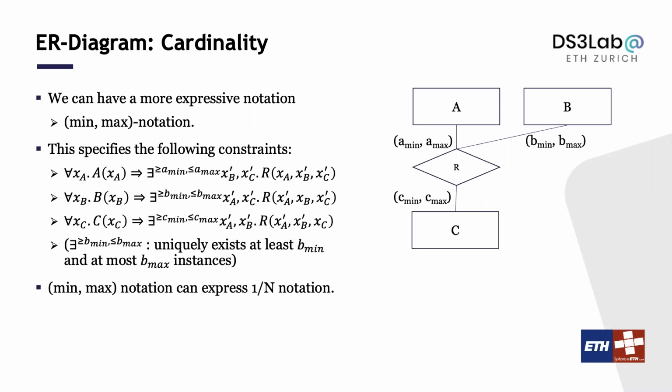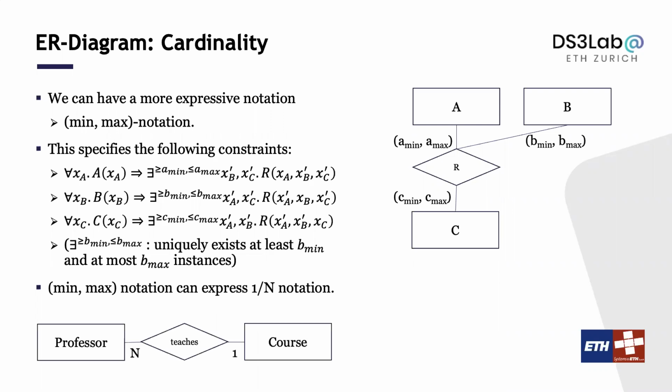One thing that we can see is this notation is more expressive compared with the 1 and n notation that we just introduced. Meaning that for any constraint that you can express in the 1 and n notation, you can express in the min-max notation.